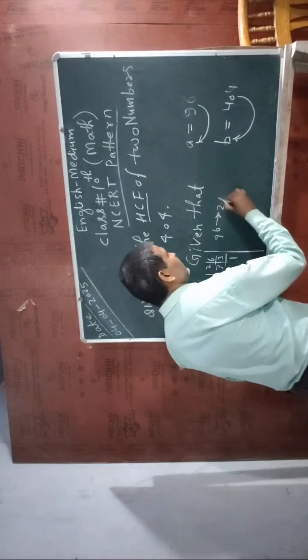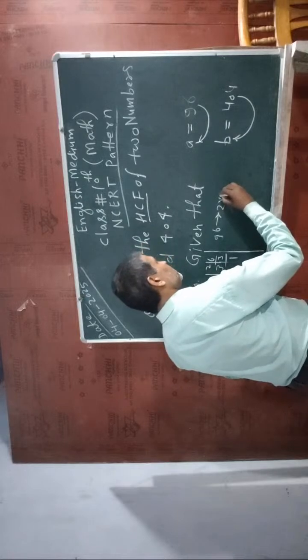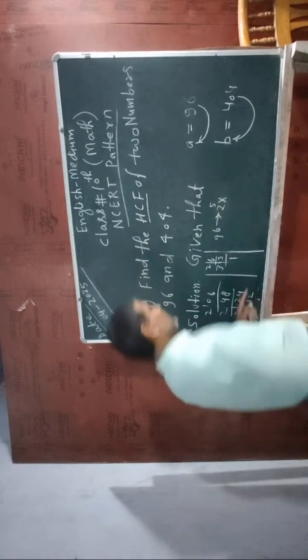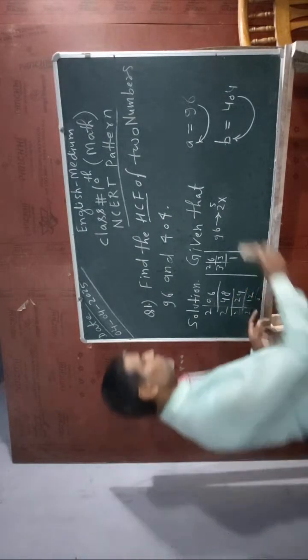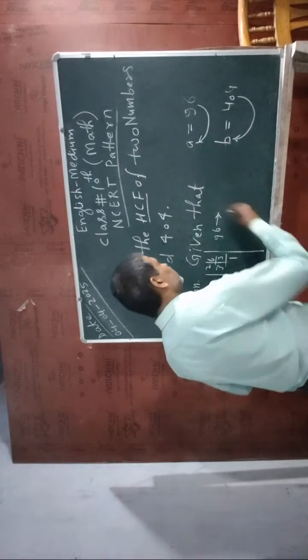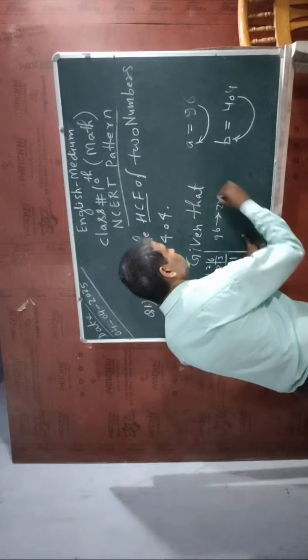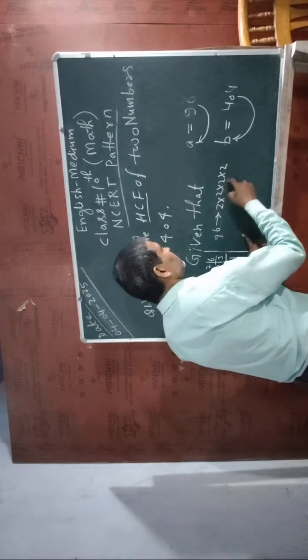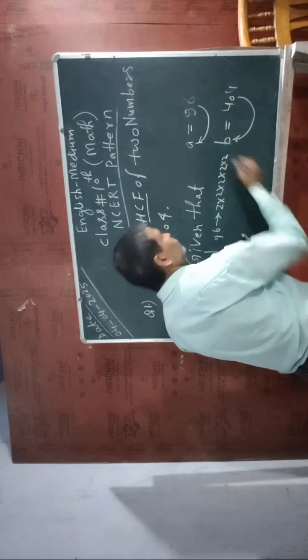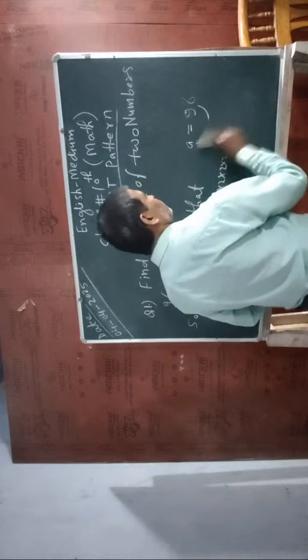So 2 I will write 5 times, 2 to the power 5, and then 2 times 2 times 2 times 2, into 2. Now this information I am going to give.